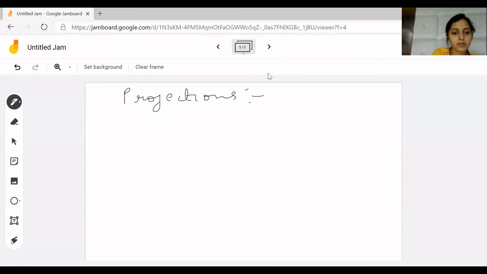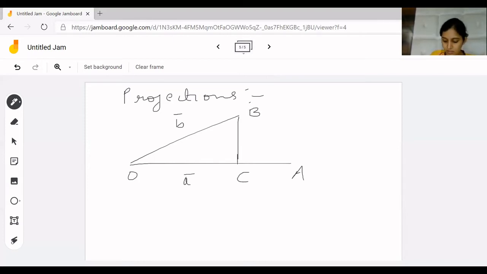Basically we are going to take OA and OB, and we have this vector B bar and this vector A bar, with B bar projected on A bar at point C, and theta the angle here. Let OA and OB be represented by A bar and B bar and theta be the angle between them. Let BC be the perpendicular from B to OA, then OC is called the scalar projection of B bar on A bar.